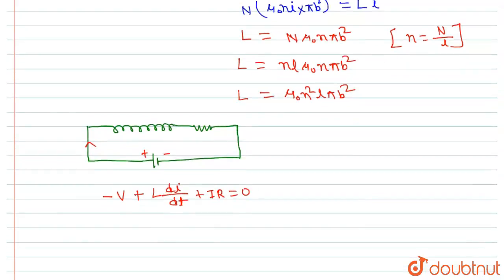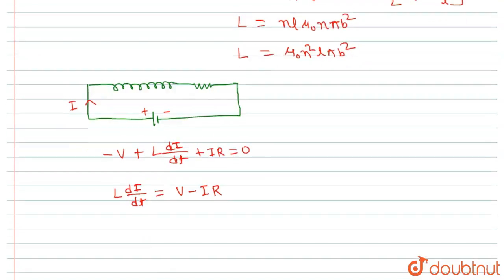Clear? Now from here we can write L dI by dt, where capital I is the current. So L dI by dt is equal to V minus IR.